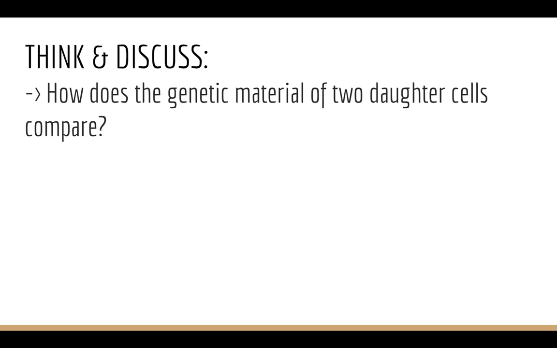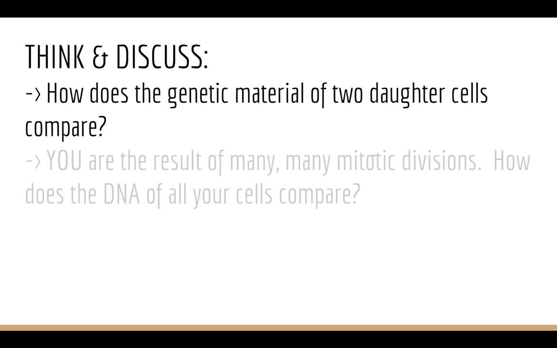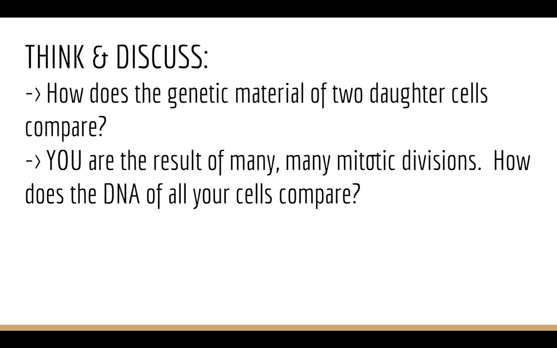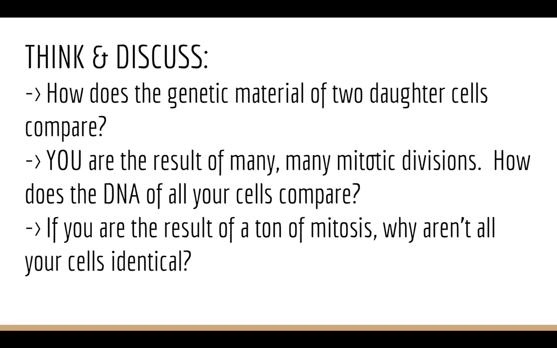So before we get into these different parts of control, I want you to talk about a couple different questions here. I'll put all three of them up here. So I want you to talk through this. How does the genetic material of two daughter cells at the end of mitosis compare to each other? Your body was formed through many mitotic divisions.